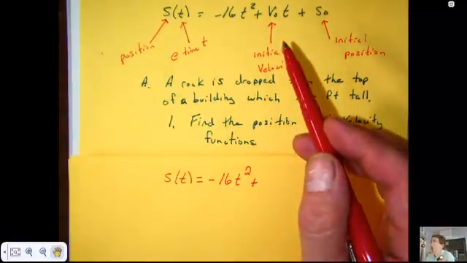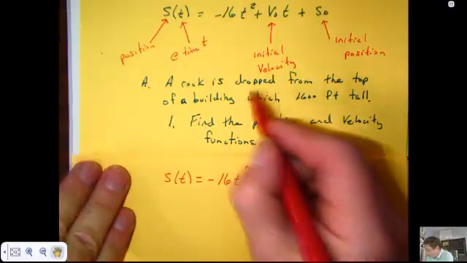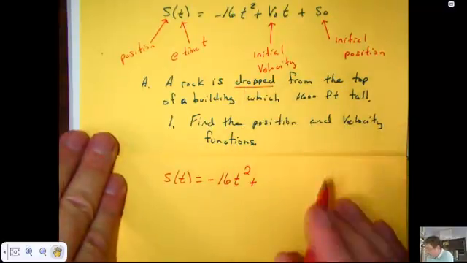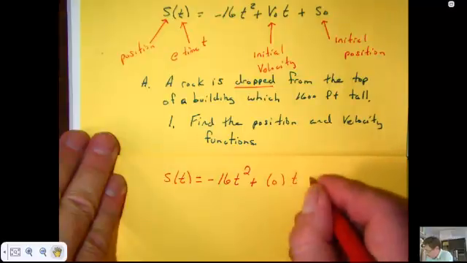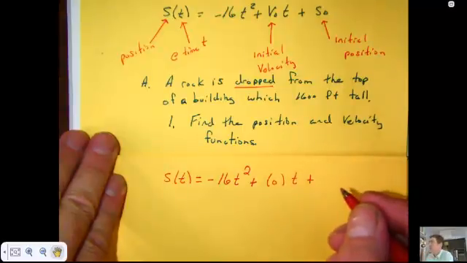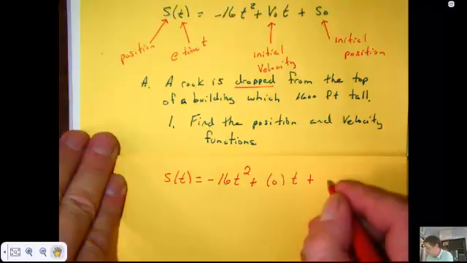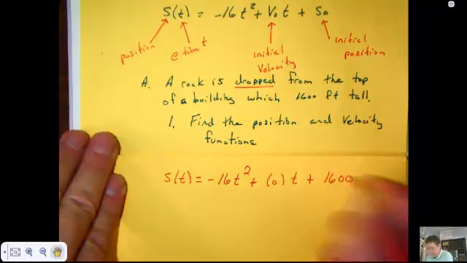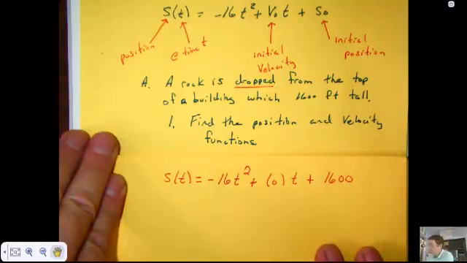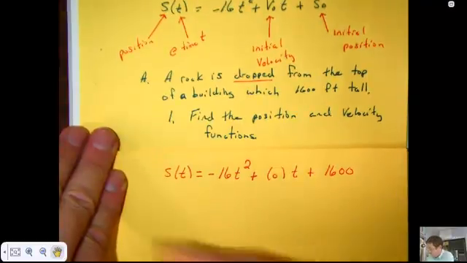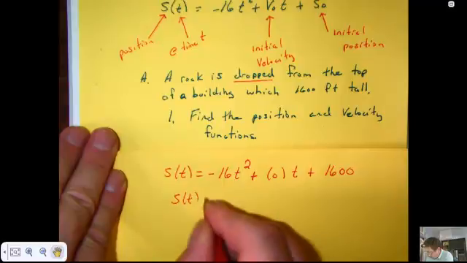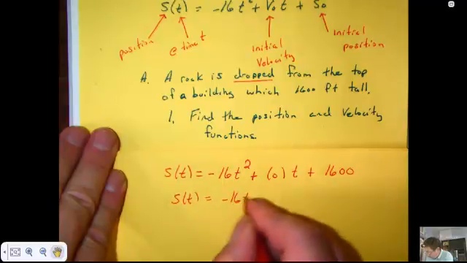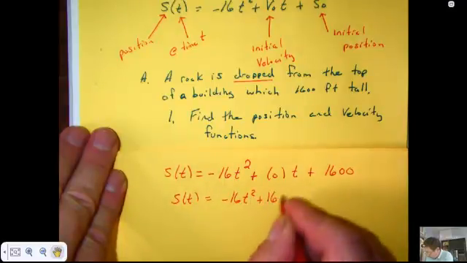It's 0, right? I'm dropping it. That's dropped, so that means that's 0 t. Now what's s of 0? 1600. Which means then simply my position function is negative 16t squared plus 1600.